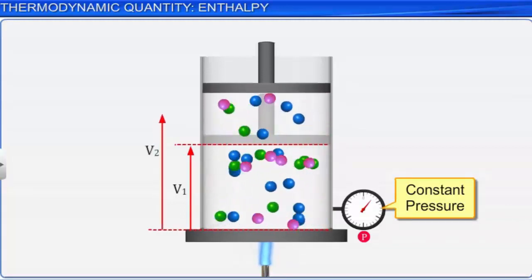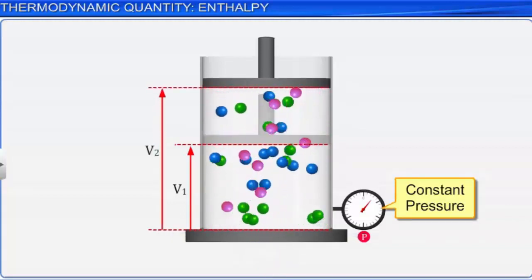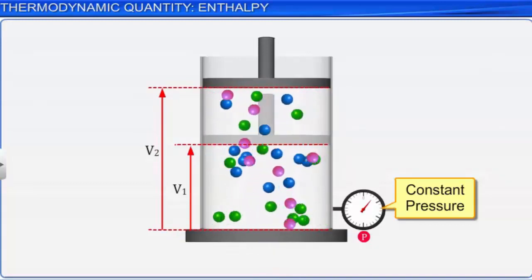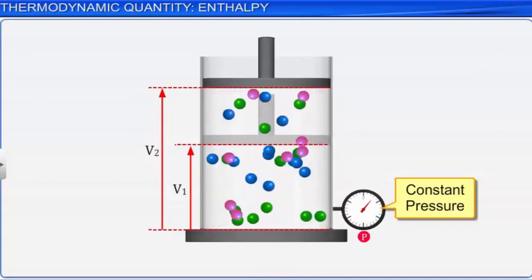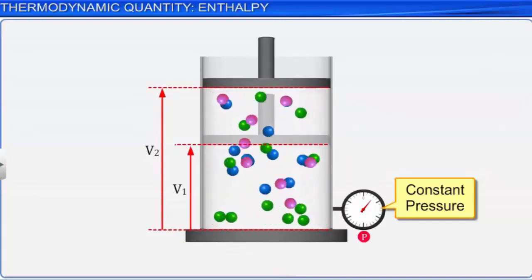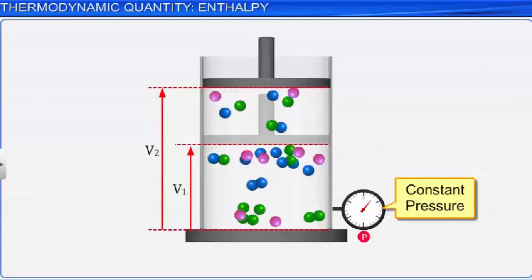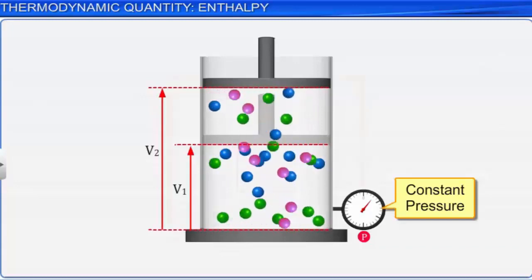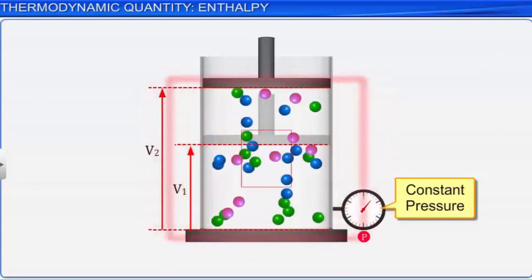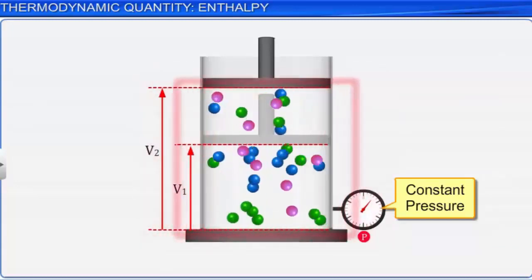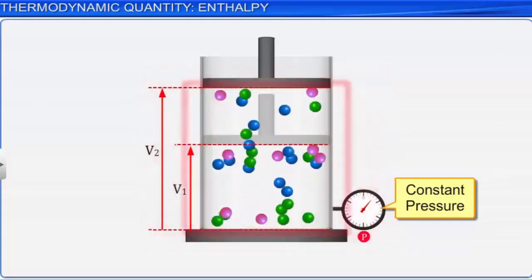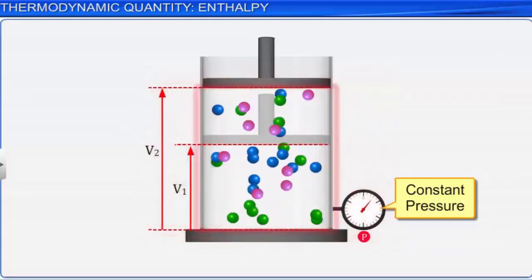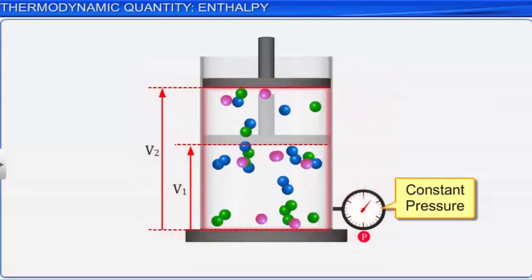The energy change occurring during such reactions may not only involve change in internal energy but also do some work. To understand this, assume a chemical reaction occurring at a constant pressure. Let us assume that the reaction is exothermic and also involves gaseous substances. When the reaction proceeds at constant pressure, two possibilities arise.